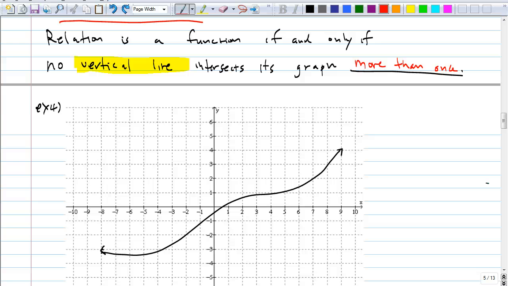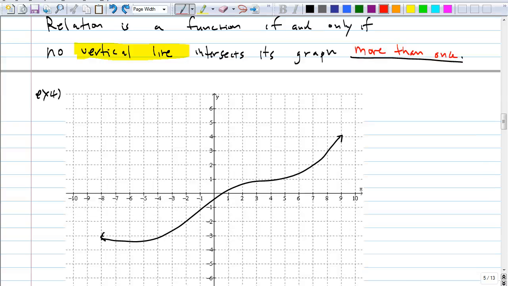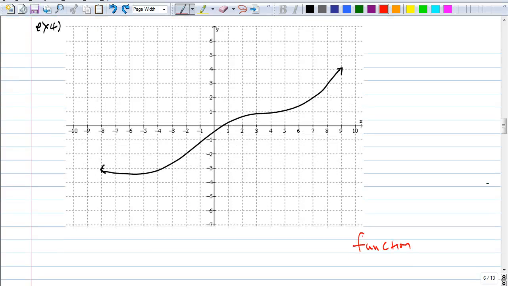Come on, be brave. Really? No one? Guys, it's a function. How come this is a function? Look, can you draw anywhere a vertical line so that it hits it more than once? No, there is no place. Does that make sense? We'll do a couple more of these to make sure you understand, because this is really important and it's easy to see. Look, this vertical line test is your friend. It's really nice. So this is a function.